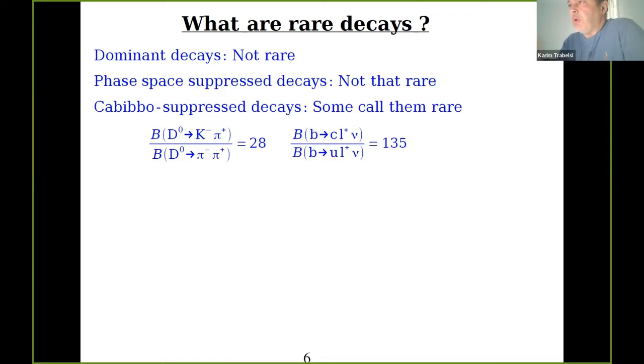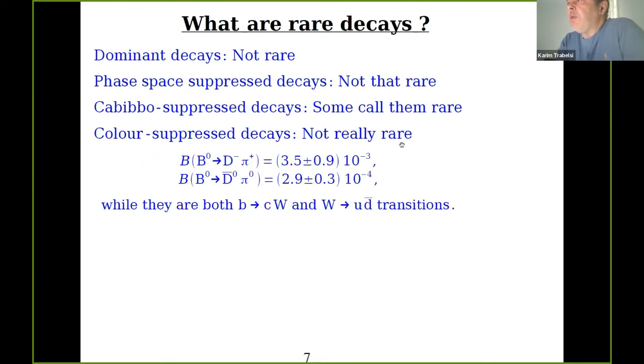For example, the Cabibbo suppressed decays I just mentioned are typically already suppressed compared to the favored decays by one or two orders of magnitude. There is also color suppression, very similarly, but this time, instead of an external diagram, you will see an internal Feynman diagram. And again, not really rare, even if the branching ratio starts to drop; we are already in the world of 10^-3, 10^-4.